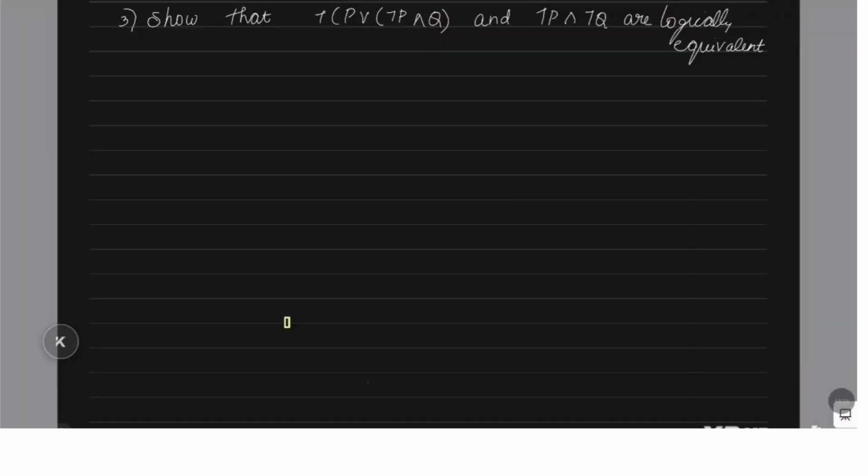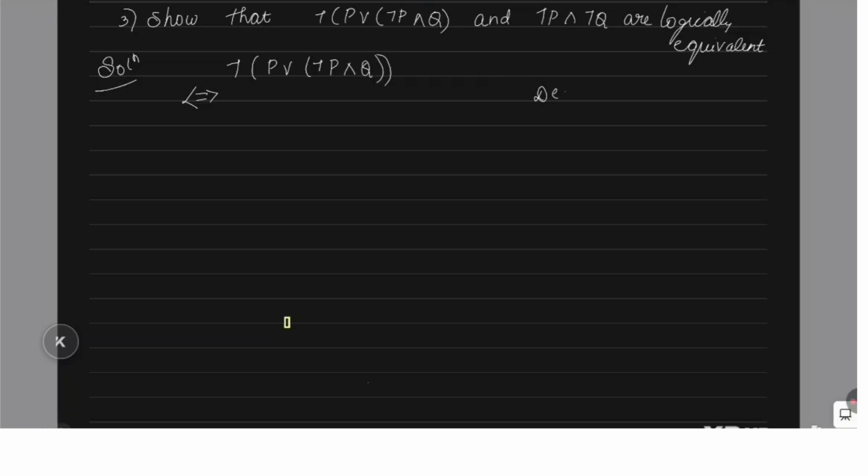Okay, next one we are going to show that not of (P or (not P and Q)) and (not P and not Q) are logically equivalent. The left hand side would be not (P or (not P and Q)). First step, we will bring the not inside by using De Morgan's law.